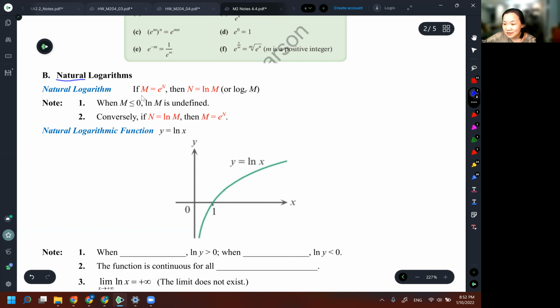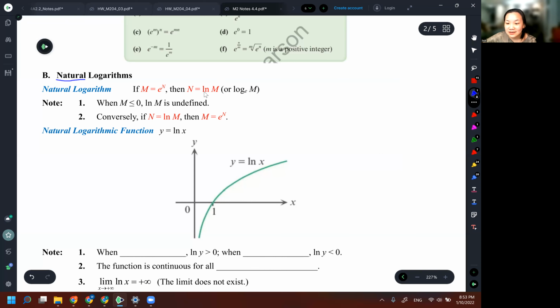The first equation is the exponential equation m equals e to the power n. If you write another equation with m as the subject and the power n, you must write n equals ln m, which means log to the base e of m.